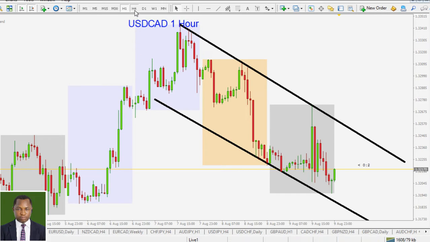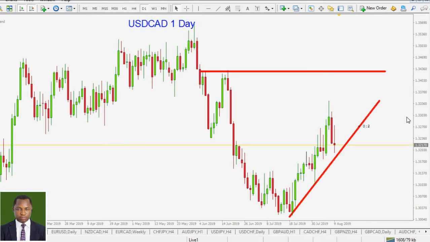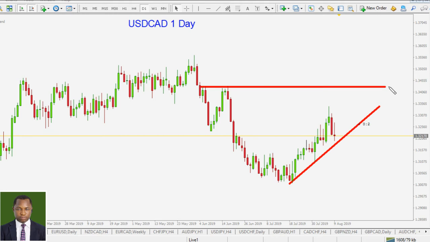In the daily time frame, we got price resisted around this zone, right around that zone that we talked about, coming back down, but it still has a level of support. So the bulls are still fully in control, still very active, until this level of support breaks to the downside.